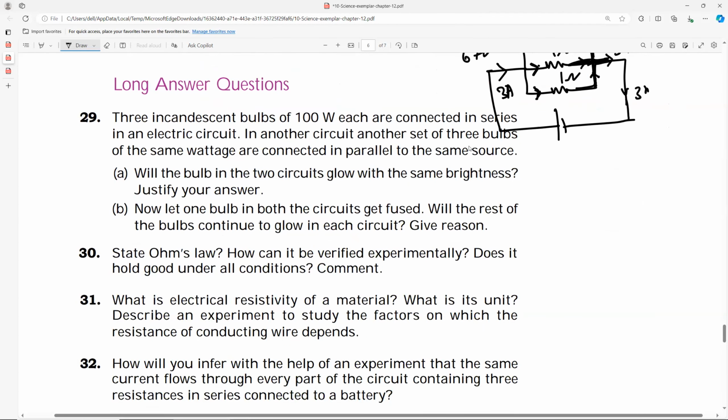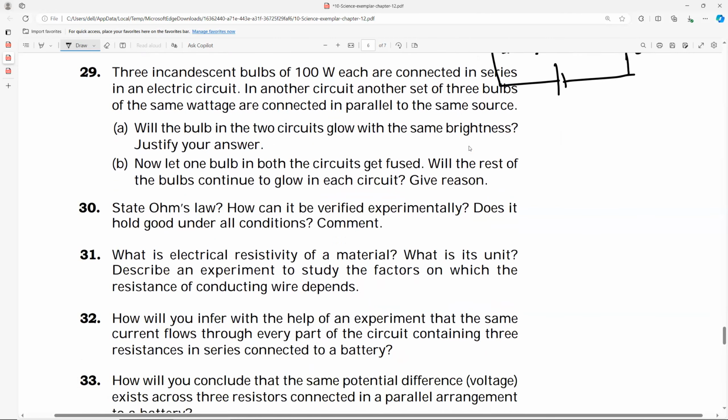Then after this one, we have question number 30. State Ohm's law and how it can be verified.